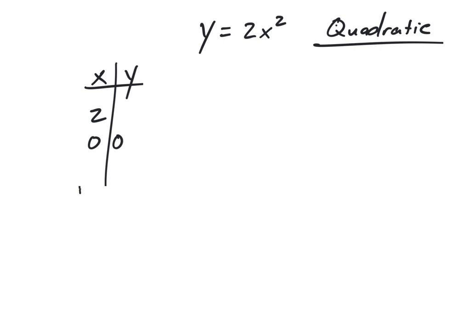So when I plug in 2 here, here's where you got to be really, really careful. And once again, you could put this right into your calculator, okay? And I don't have an issue with that, but just knowing where these numbers come from is really important. If I plug in 2 here, 2 squared is 4, because we got to do the order of operations first. And then 4 times 2 is 8.